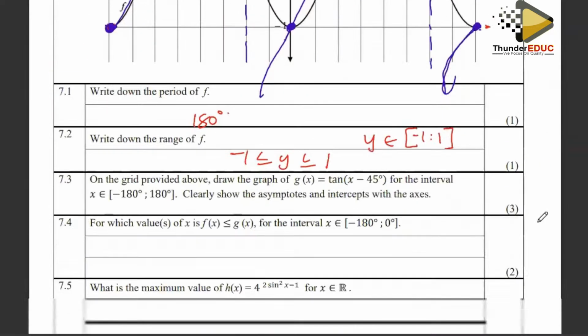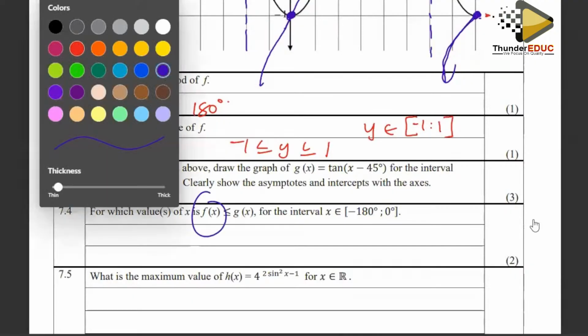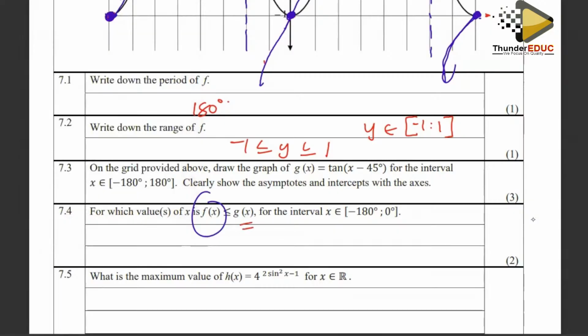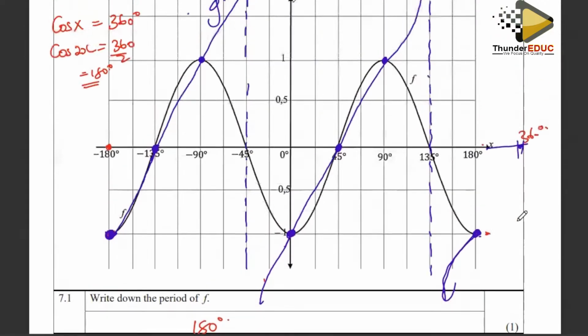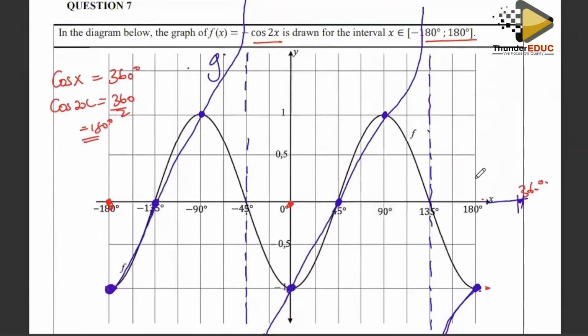All right, then they're asking us for which values of x is f below g of x, between -180 and 0. They said f of x is less than g of x, meaning that f needs to be below g.